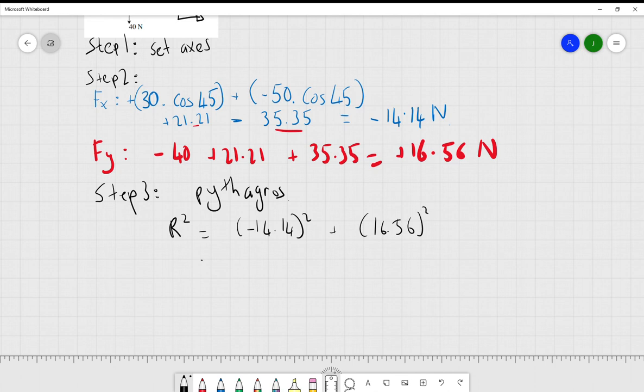So this equals, let's get the colors back, 199.94, let's say, just rounding it up, plus 274.23.